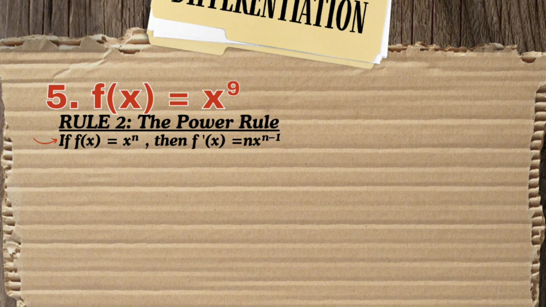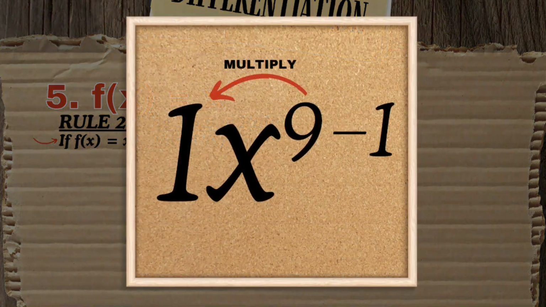We have f of x is equal to x raised to 9. On this function, we will apply rule number 2, which is the power rule, that if f of x is equal to x raised to n, then f prime of x is equal to nx raised to n minus 1. So, based sa power rule, ang n natin is magiging 9, or simply multiply it to the numerical coefficient of x, which is 1.